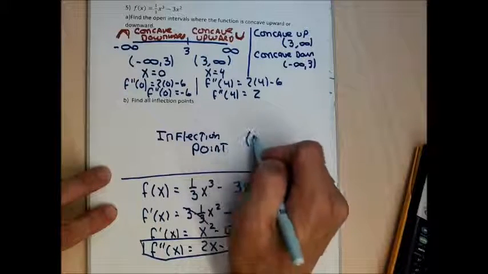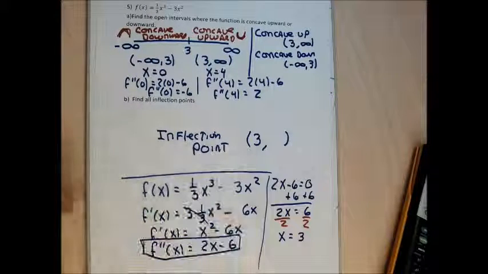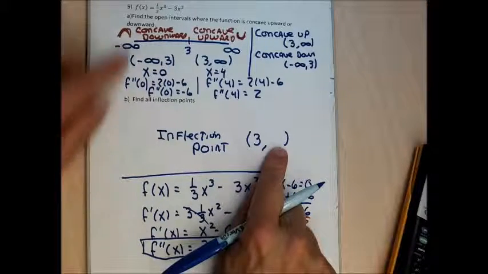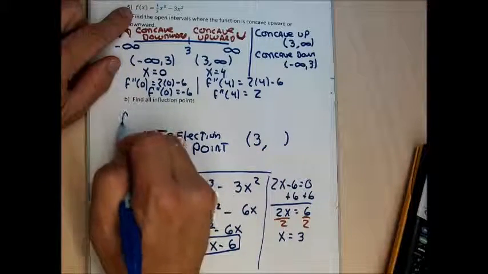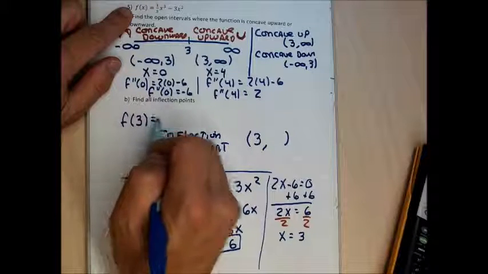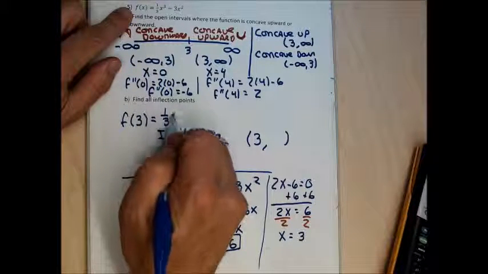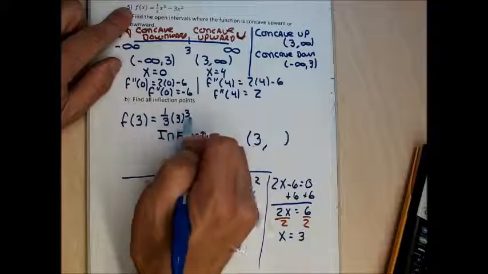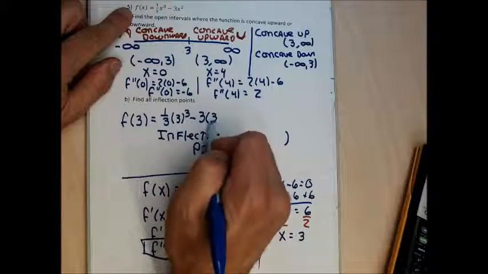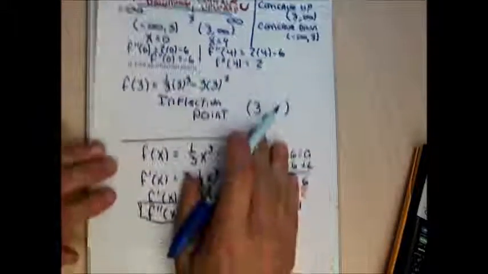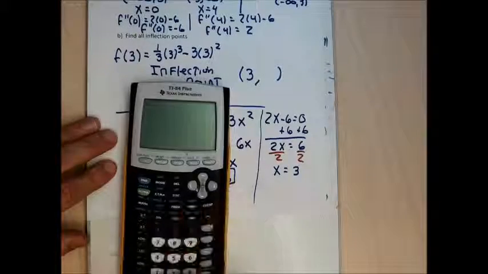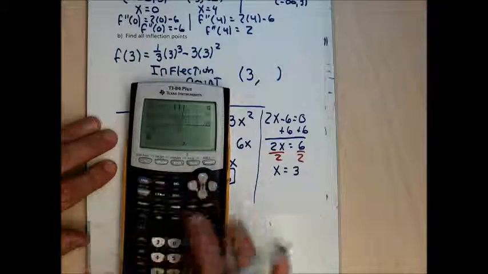And I know half of the inflection point, its x coordinate is 3. I don't need to say anything fancy with inflection points by separating the x's and the y's, but I do need to get the y coordinate. To get the y coordinate of the inflection point, I'm going to go f of 3 is 1/3 times 3 cubed minus 3 times 3 squared. I don't really care to do that by hand this morning, so let me do this on my calculator.